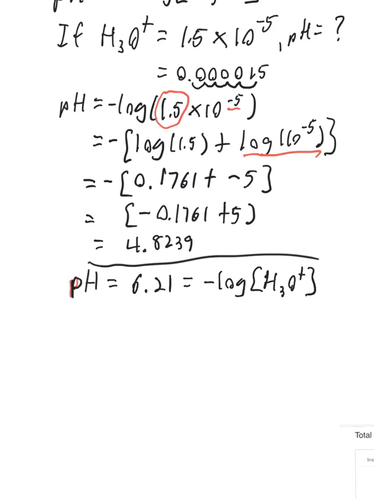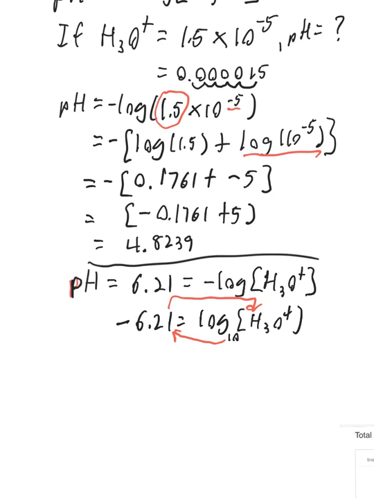Step 1, let's put the minus on the other side of the equation. So we have minus 6.21 is log H3O plus. And then we're just going to change this to exponential form. So if you remember, this is base 10, think of a 10 there, 10 to the exponent will equal this. So H3O plus is going to be 10 to the negative 6.21.